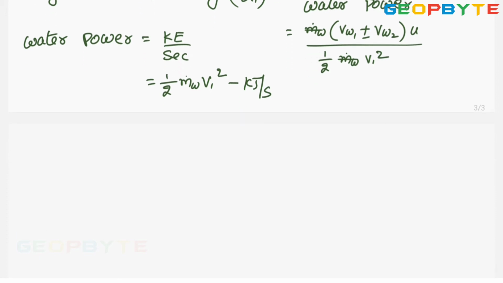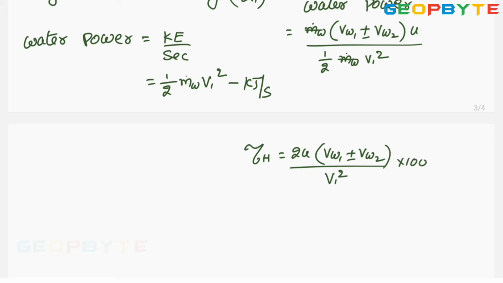Finally, the hydraulic efficiency equal to 2 into U into VW1 plus or minus VW2, divided by V1 square, into 100. That is the formula for deciding the hydraulic efficiency.